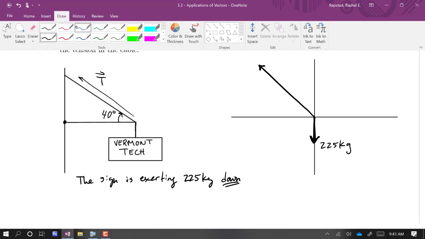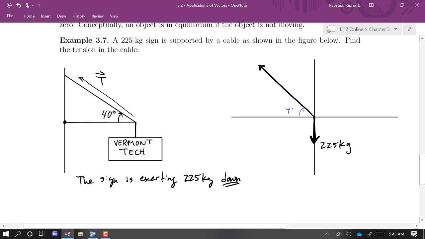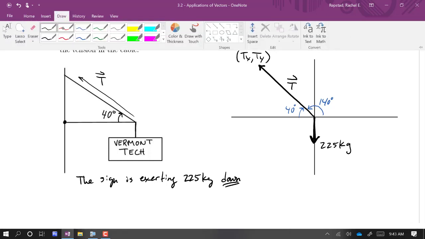Now this tension is at 40 degrees this way, which means that the direction of that vector, being a second quadrant angle, is 140 degrees. And this vector has some components, tx and ty. Now we know, because the sign is exerting a force straight down at 225 kilograms, that ty has to be 225.